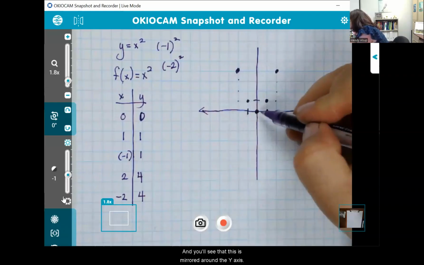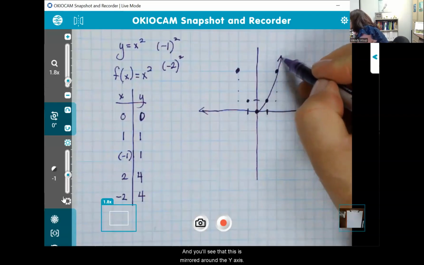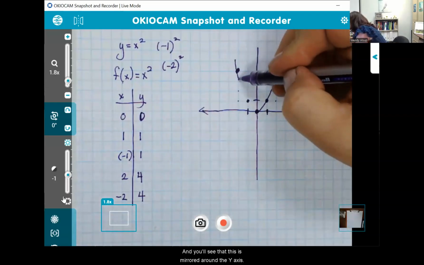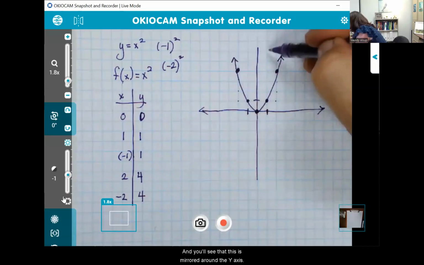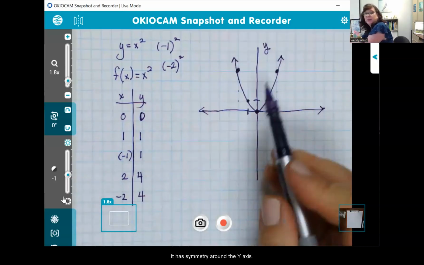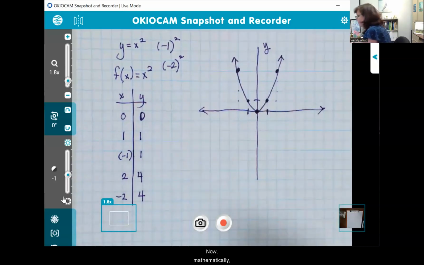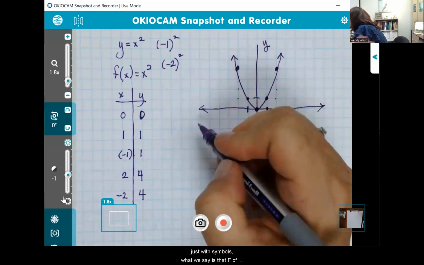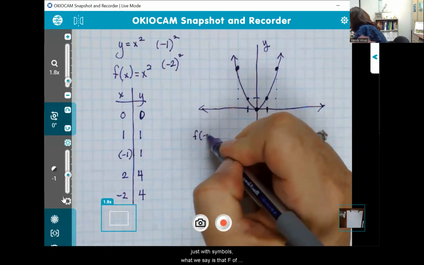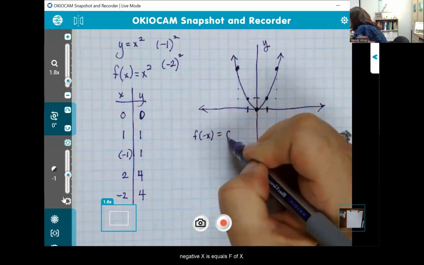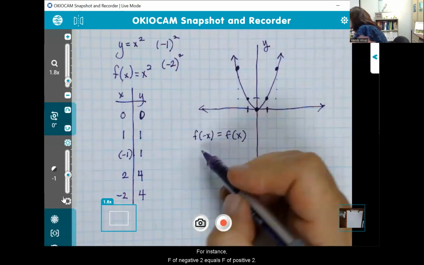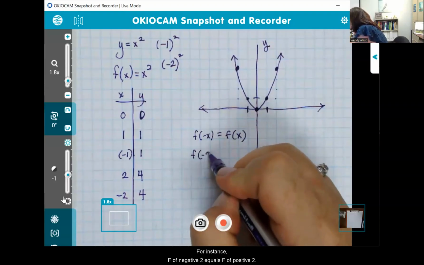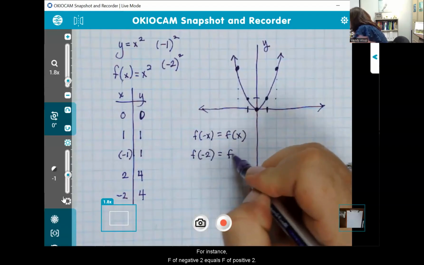You'll see that this is mirrored around the y-axis. It has symmetry around the y-axis. Now, mathematically, just with symbols, what we say is that f of negative x equals f of x. For instance, f of negative 2 equals f of positive 2.